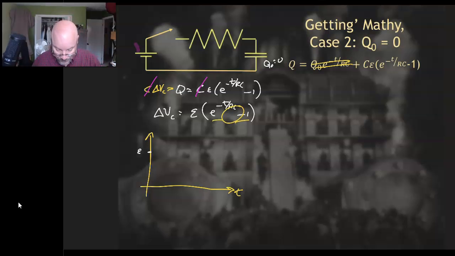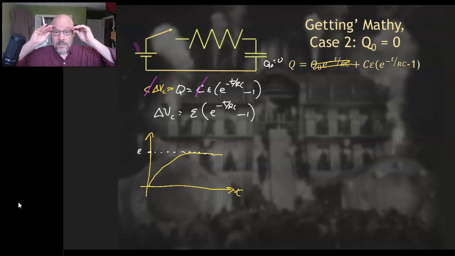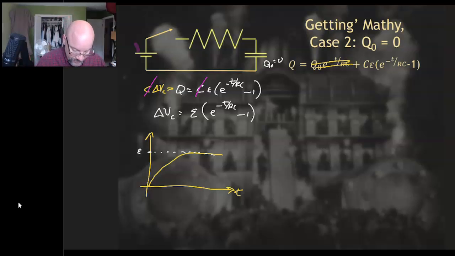And so what happens then is it comes up like this. And we have this asymptotic behavior where the voltage on the capacitor gradually becomes whatever the value of the EMF voltage is. And by the way, we have a similar sort of thing with the charge.